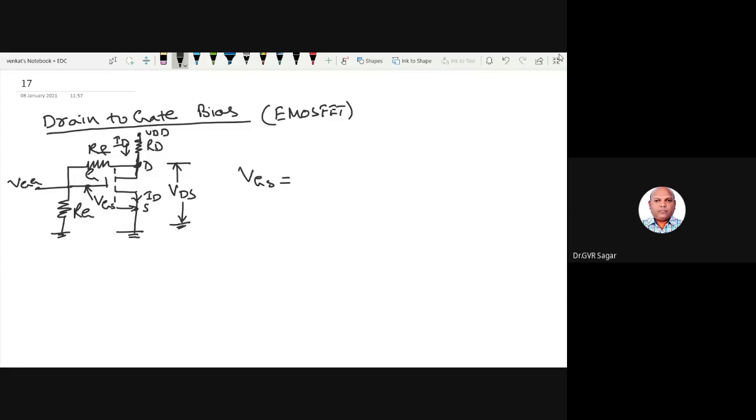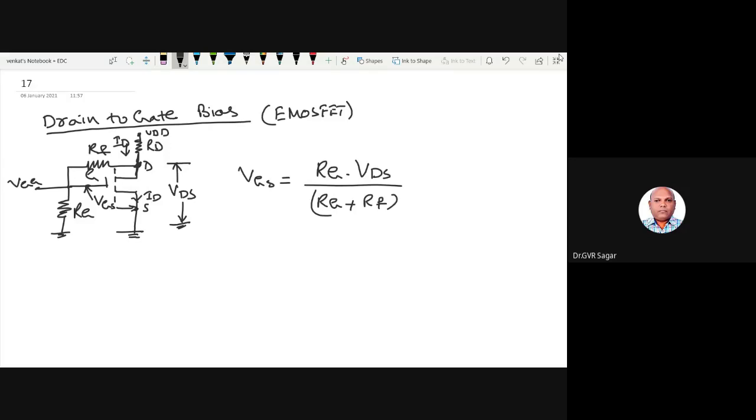So, not VDD. The voltage drop across RG can be written as VGS is equal to RG into VDS by (RG plus RF). Are you following or not?